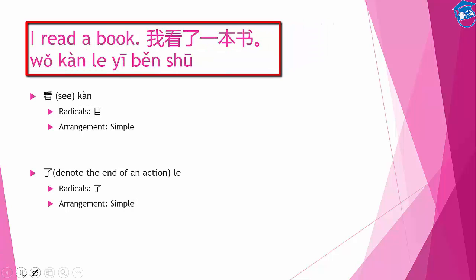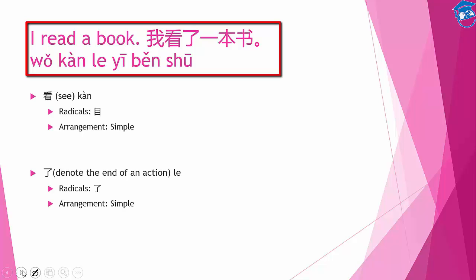The next one, here I will introduce you a word that indicates the action is already past. So the sample sentence I'm going to read to you sounds like this. I read a book, which means that you have done the action of reading a book.